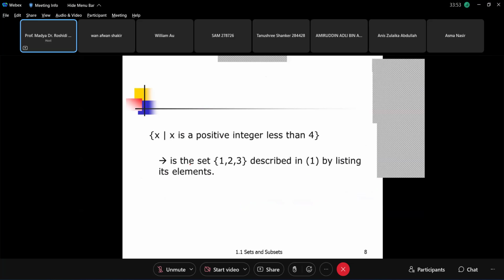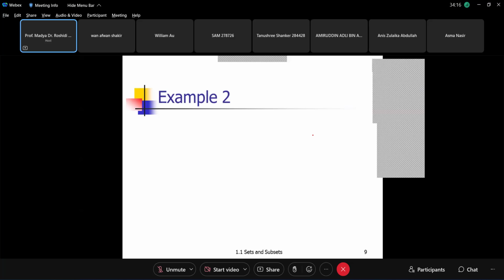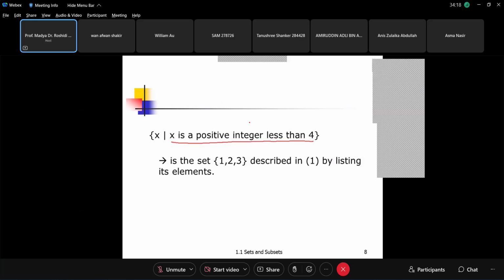Okay, for example here, x is a positive integer less than 4. This statement we can represent as x with this symbol, where x represents a positive integer less than 4. So actually, if we put it in a set, we can say that A equals 1, 2, 3.